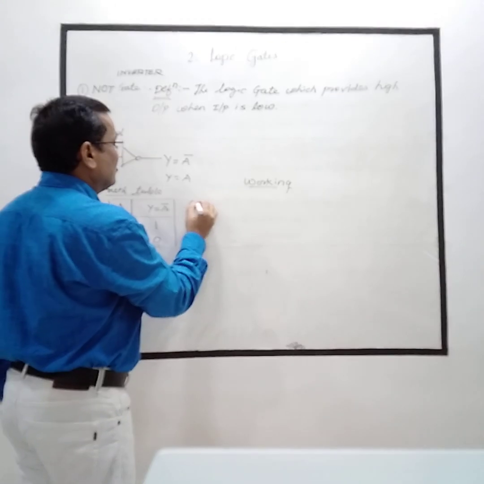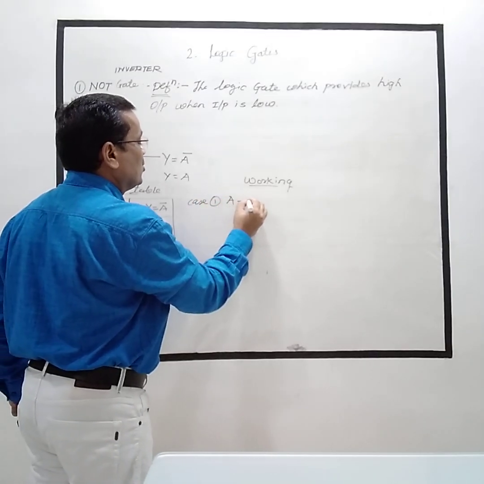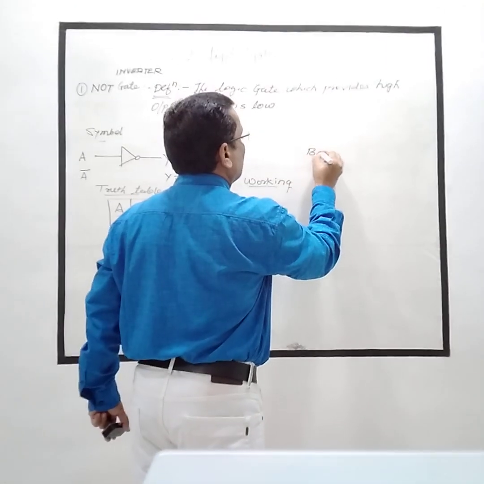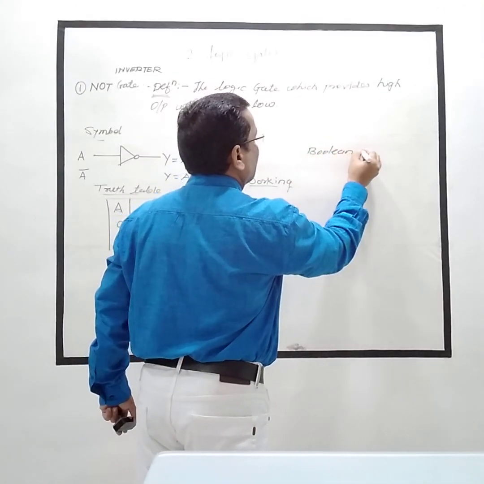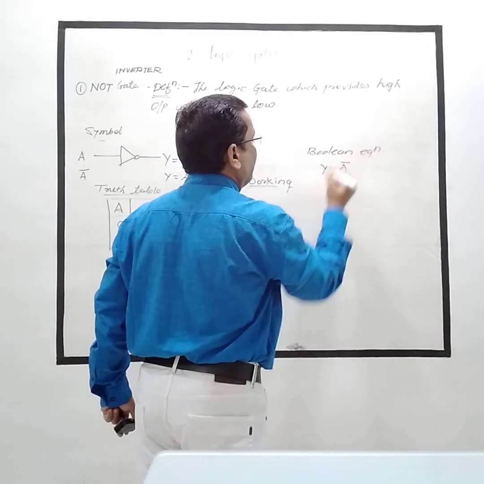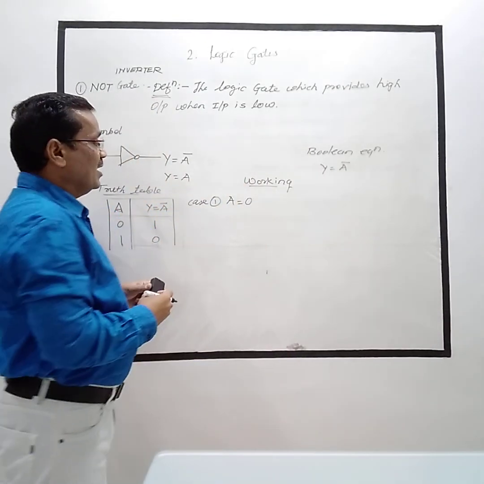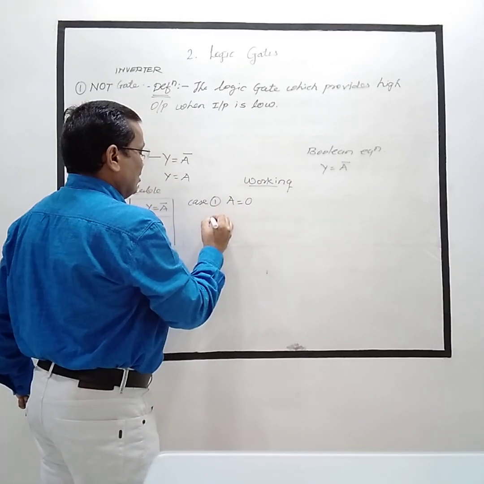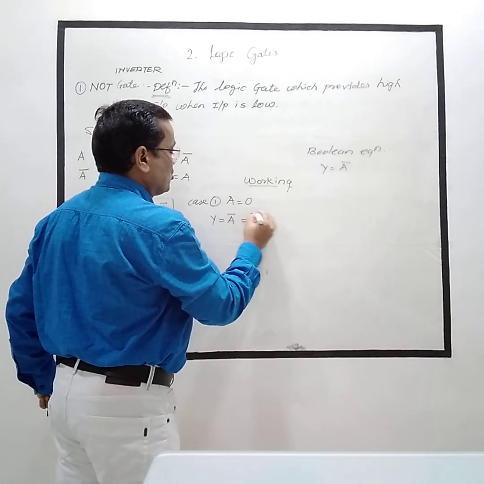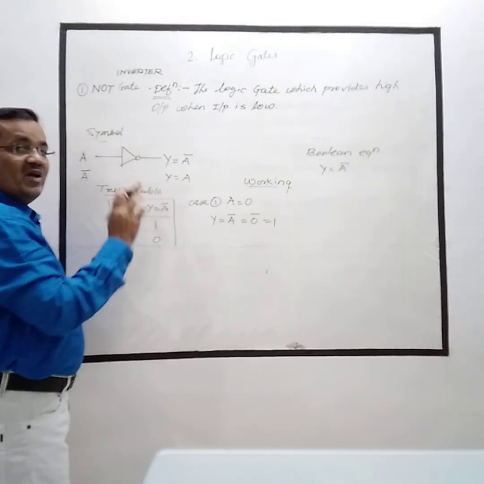Working case number 1: A is equal to 0. According to the Boolean equation, Y is equal to A complement. That means output is equal to the complement of input. Then Y is equal to A complement, which is 0's complement, that is equal to 1. So if A is equal to 0, Y is equal to 1.